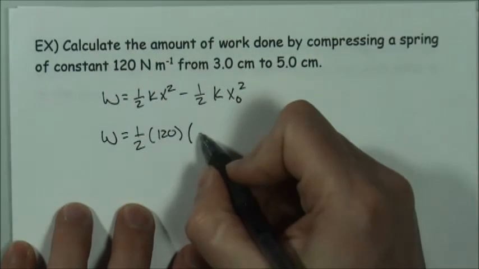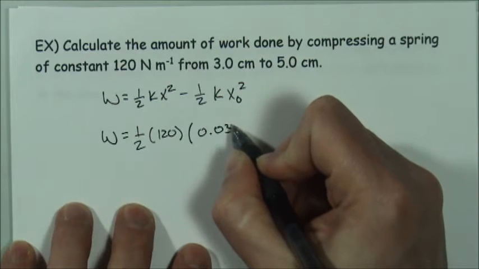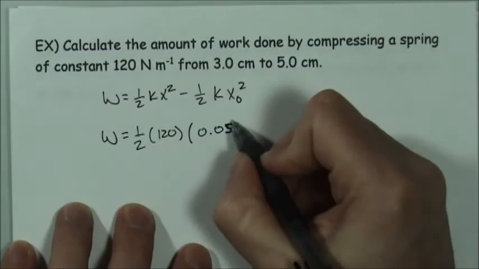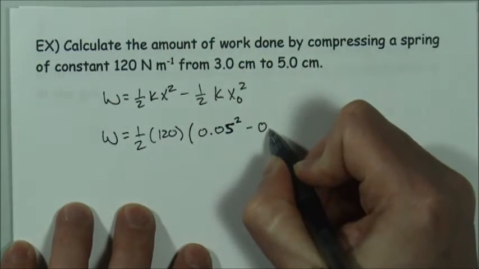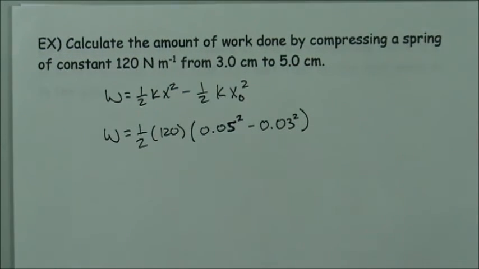So I'm going to convert this to meters, 0.05. 0.05 is the final extension of the spring. That's squared minus 0.03 squared. And then we can go to the calculator.